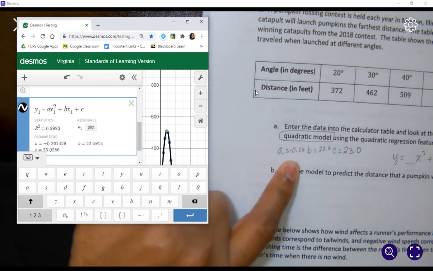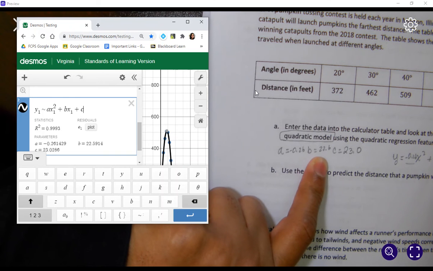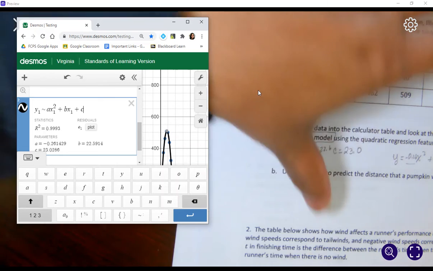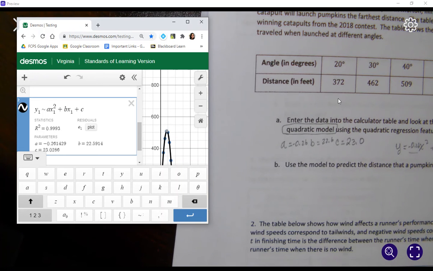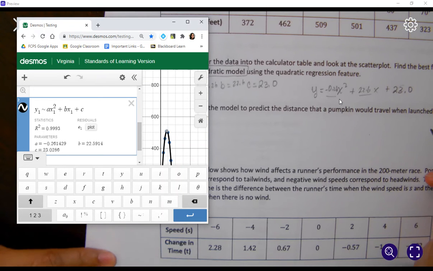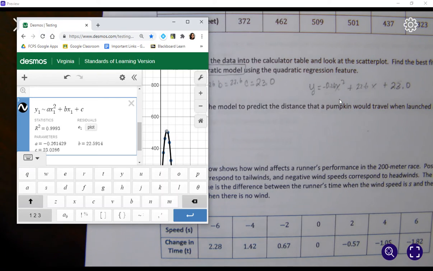So we just plug those in here. So a is negative 0.26x squared, and then b is 22.6x, and then c is 23.0. All I did was plug it into my quadratic form.